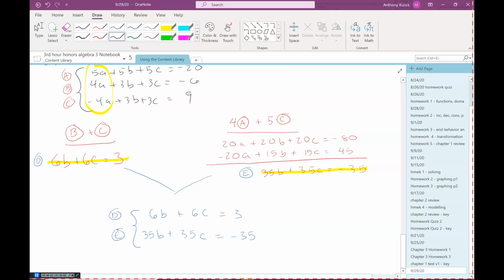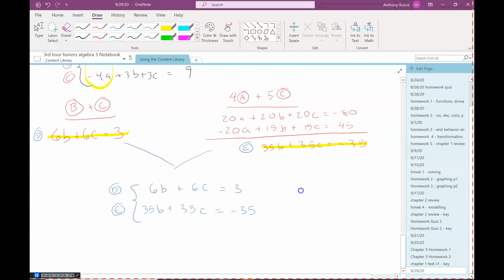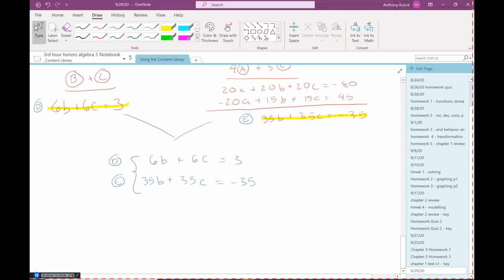Is everybody okay there? Now we should choose to eliminate either the b or the c. Does it make a difference here? Since they're exactly the same, obviously no one is easier than the other.